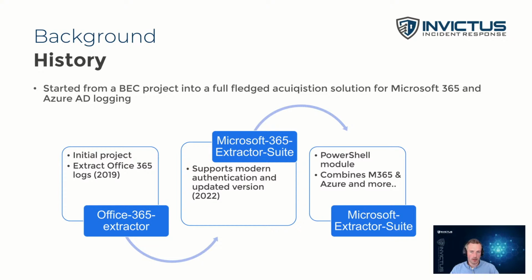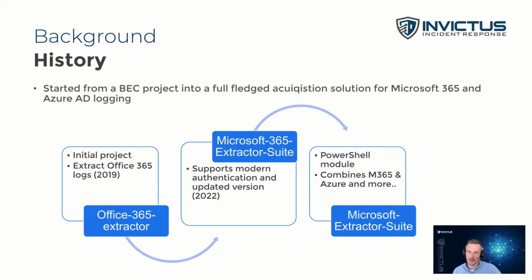The only thing it did was basically grab the unified audit log for whatever time it's available and dump it to a CSV file, and then we use it in whatever log management solution like Elastic or Splunk to do our investigation, which is all fine. It worked fine. I think it's still available on GitHub somewhere at the PwC GitHub page, but it's no longer maintained at all. But it was quite popular, so we're happy with that.